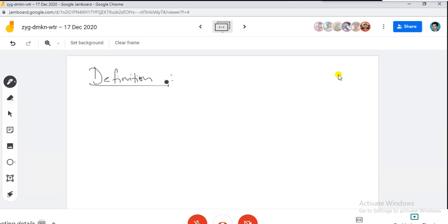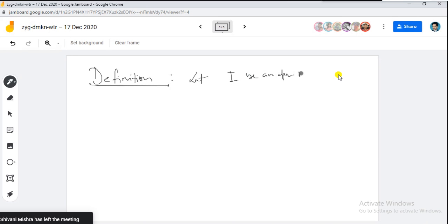So let us consider some open interval I. Let I be an open interval, a subset of R, and f is a map from I to R, and f is C infinity.